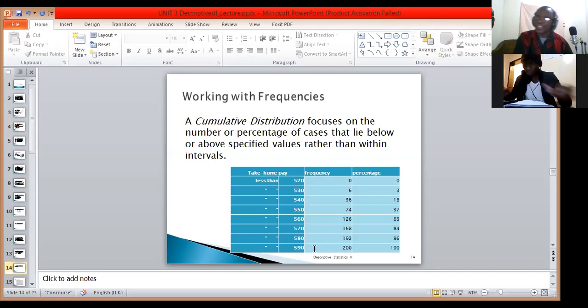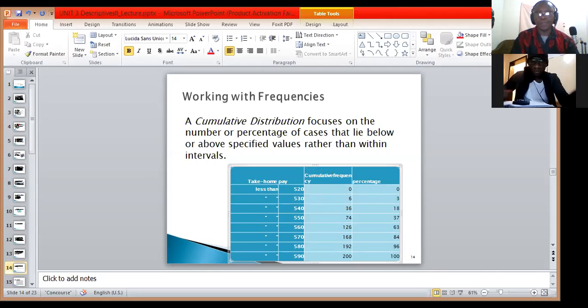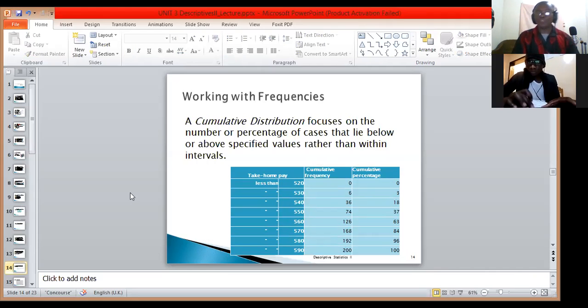So even the percentage, we want to find the cumulative percentage. This is cumulative frequency, so we can find the cumulative percentage.